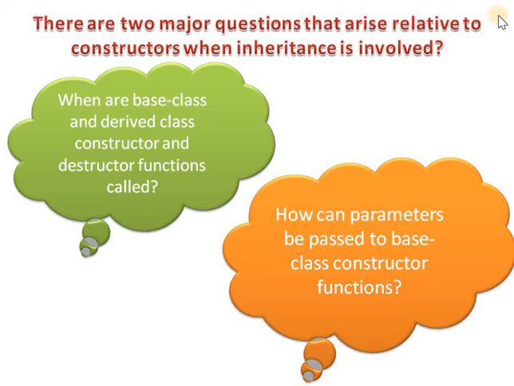First question is, when are the base class and derived class constructor and destructor functions called? And the second question is, how can parameters be passed to the base class constructor function? How are the actual parameters passed?